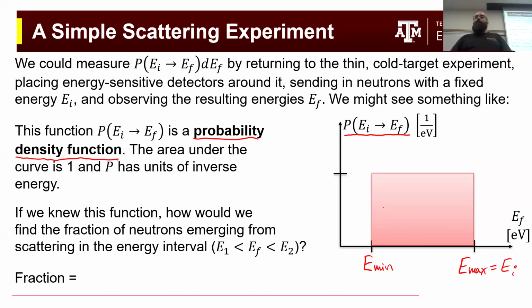If this is a probability density function, then the area of the probability density function over the entire domain has to be 1. I know this is my energy interval on the energy axis, so what does that mean the height of this probability density function has to be for the area to equal 1?